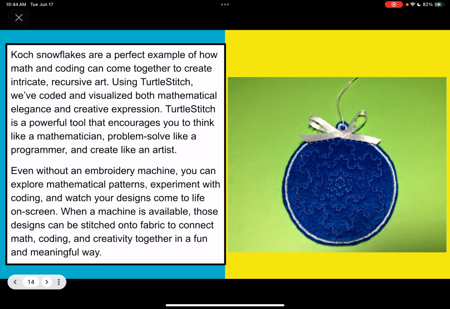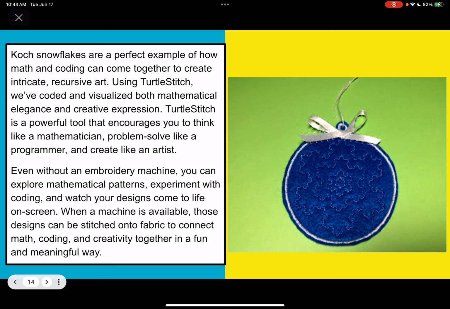Koch Snowflakes are a perfect example of how math and coding can come together to create intricate recursive art. Using TurtleStitch, we've coded and visualized both mathematical elegance and creative expression. TurtleStitch is a powerful tool that encourages you to think like a mathematician, problem solve like a programmer, and create like an artist.